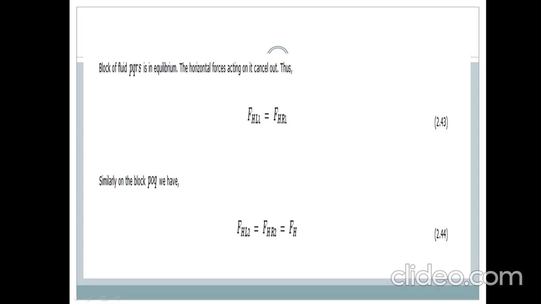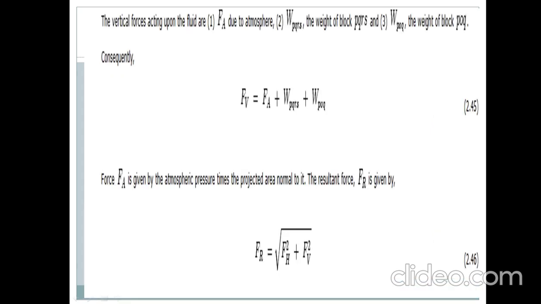The vertical component of hydrostatic force acting on a curved surface is equal to the weight of the fluid, real or imaginary, which can be contained above the curved surface when the horizontal projection is taken up to the free surface. It will act at the center of gravity of the above mentioned weight. From this, we can calculate the horizontal and vertical components of hydrostatic forces. Now the resultant force Fr can be calculated as the square root of Fh square plus Fv square.